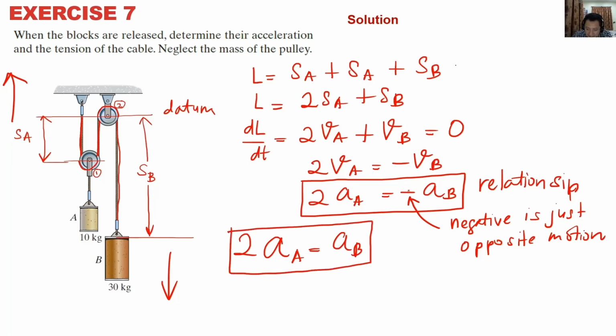This negative value we just have to eliminate. So this is how you solve and get the relationship between the 2 blocks, block B and block A. So dependent motion, let's write it down. 2AA is equal to AB. This is the relationship for this dependent motion.